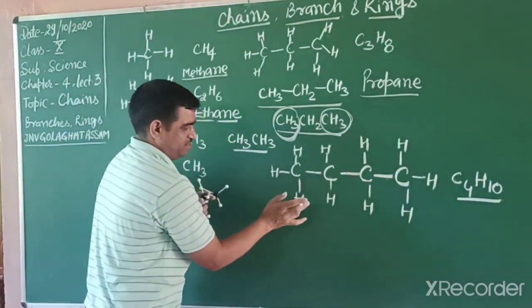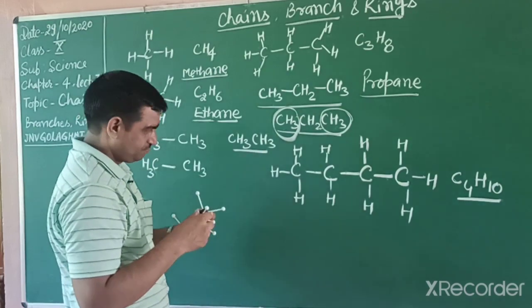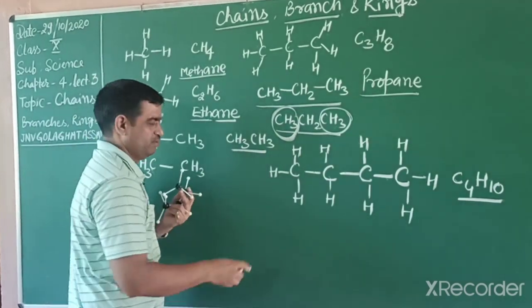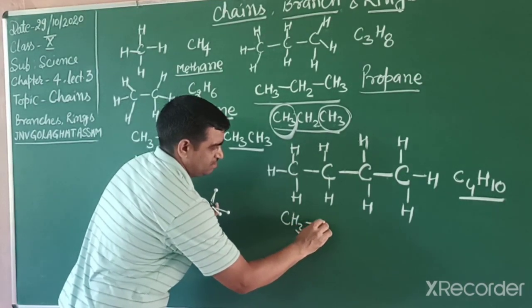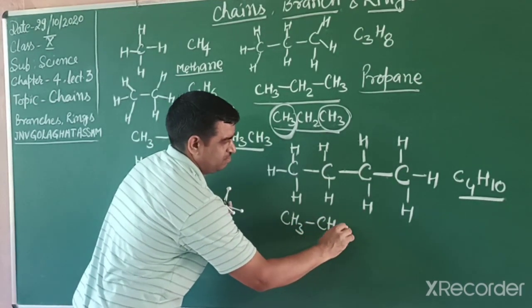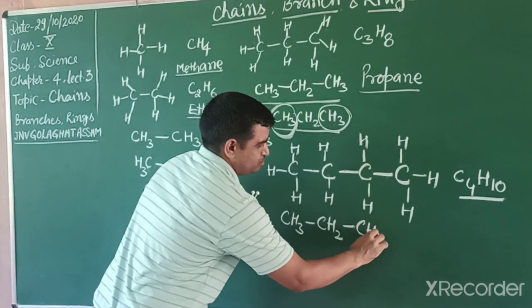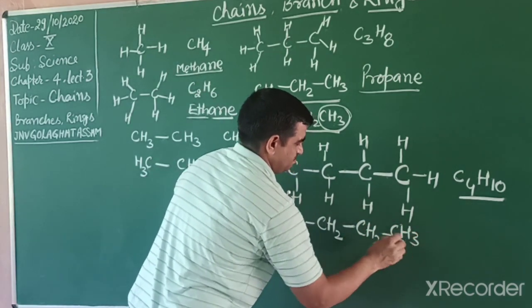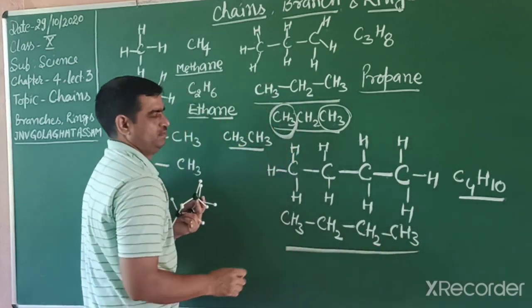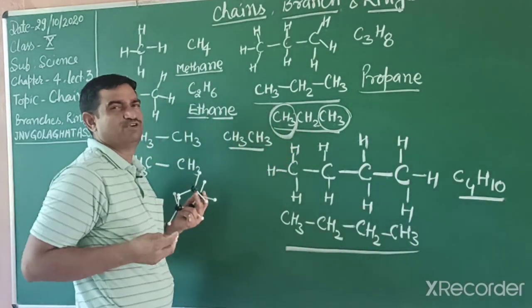This compound again we can write in condensed form: CH3, CH2, CH2, then CH3. We can condense furthermore.